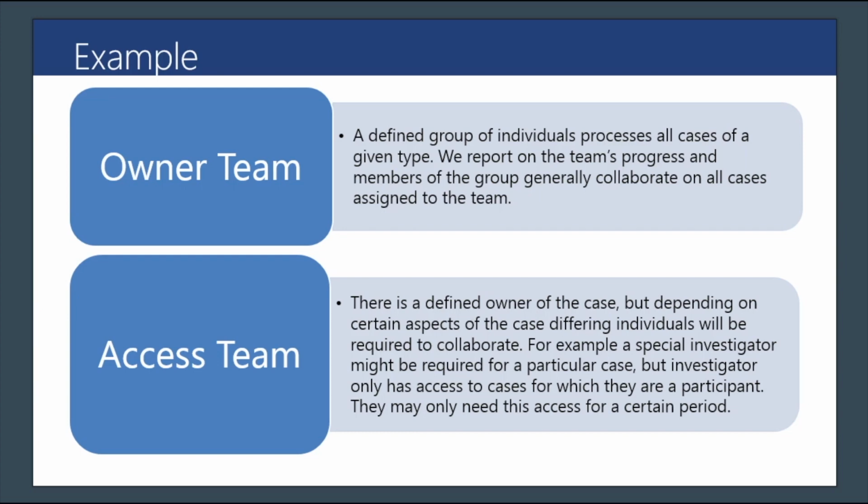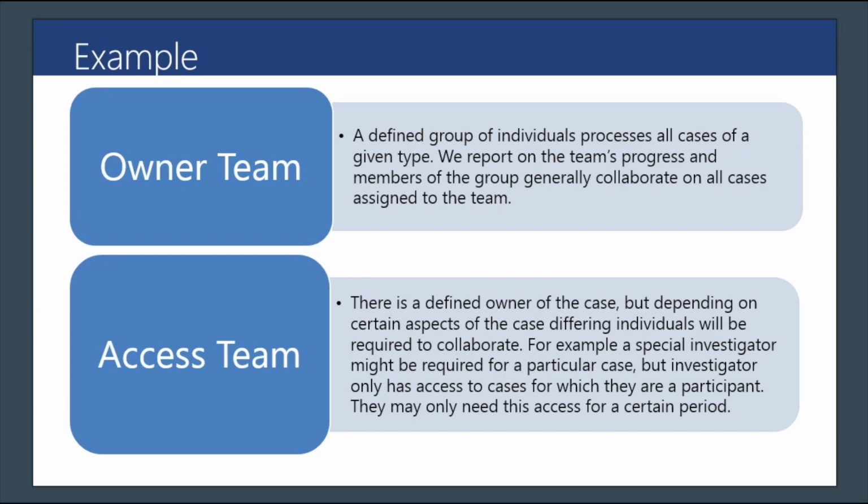So maybe it's only during a certain phase of the case that you want to grant access to this given user. So you can easily add that user as a member of the access team for that record, and then remove them when they no longer need access to the record. And the way access teams are formed is once the first member of an access team is associated to a given record, the team is created.